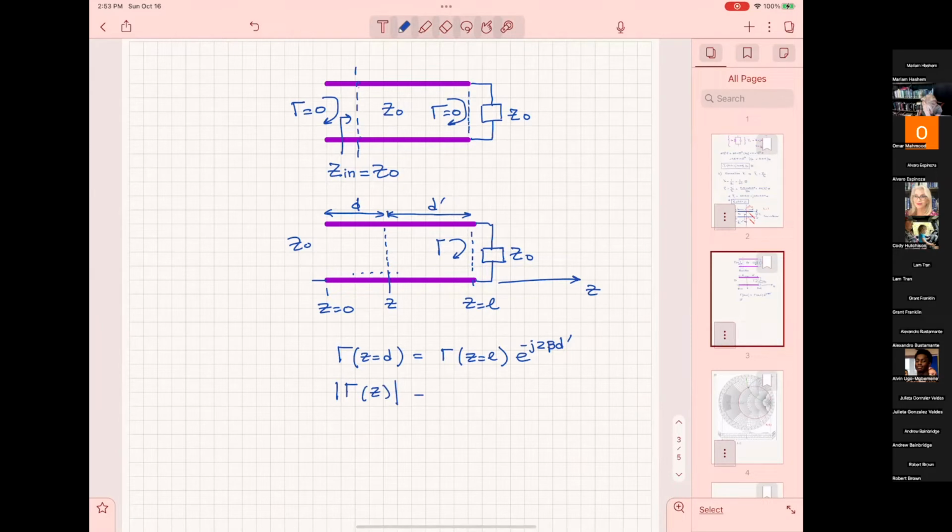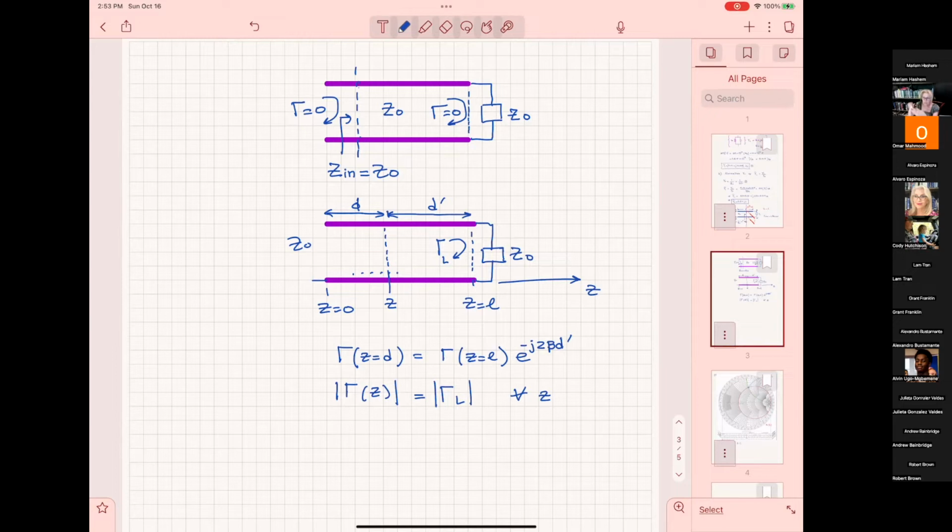The magnitude of gamma is equal to the magnitude of gamma at the load for every Z, which implies that if your reflection coefficient at the load, or anywhere else, is 0, then the reflection coefficient is 0 everywhere on the line. Do you remember when we were discussing that on transmission lines? It was very early in this class.